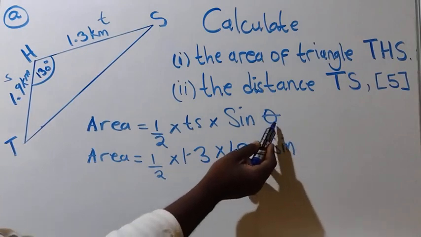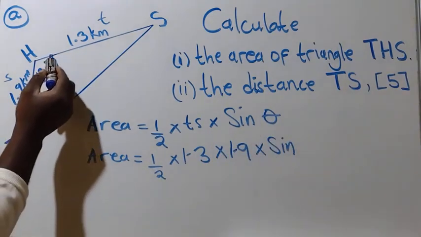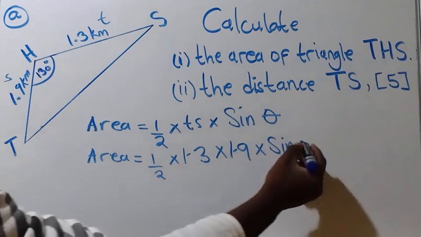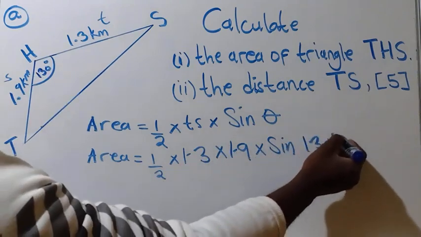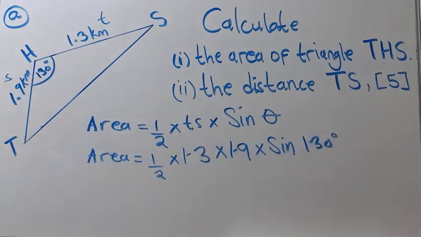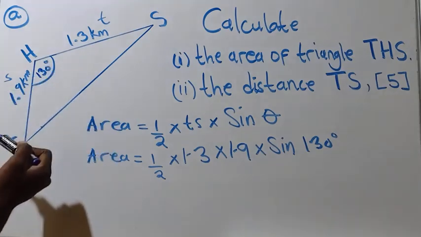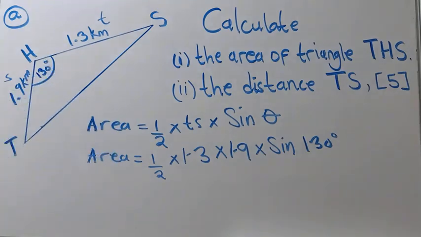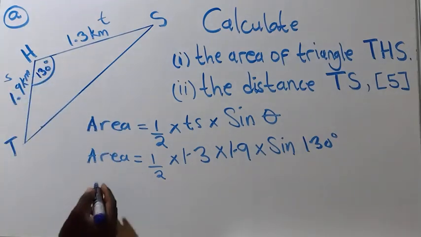Remember, this theta is representing the angle which is right here on H: sine 130 degrees. This is what you have to know when you are finding the area of a non-right angled triangle. Make sure you use the sides that you are given and an angle.